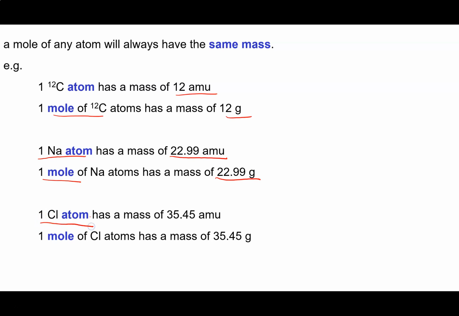A single average chlorine atom has a mass of 35.45 AMU. A mole of chlorine atoms has a mass of 35.45 grams.